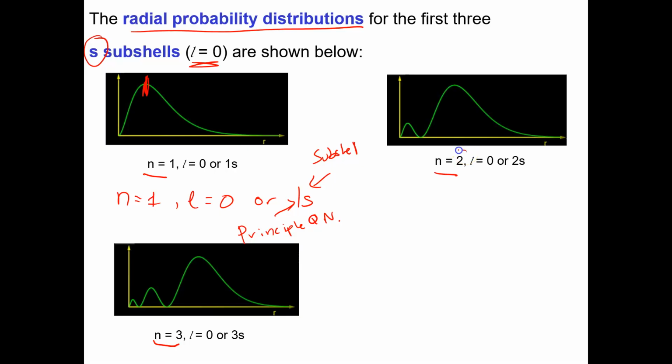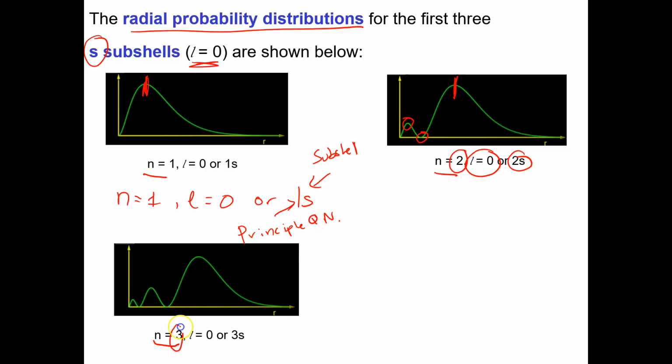Now, when we move on to n equals 2, L equals 0, or the 2s subshell, our major peak moves out to larger radius, and you see that we have a node here, and then we have a smaller peak where that curve penetrates in closer to the nucleus.